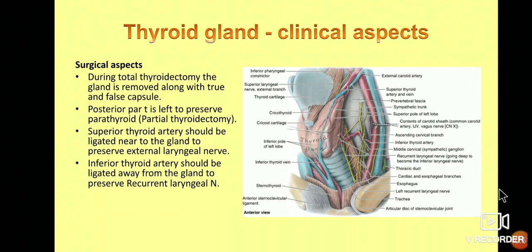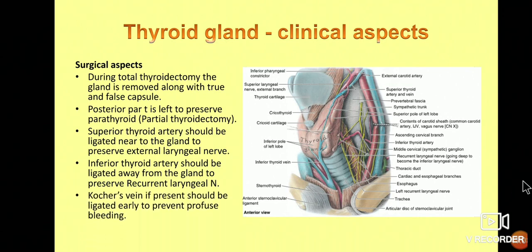So you have to take care of these. And the fourth vein, Kocher's vein, if present, as I told you in the venous drainage, should be identified and ligated early, to prevent profuse bleeding. These are the surgical aspects with respect to the thyroid gland.